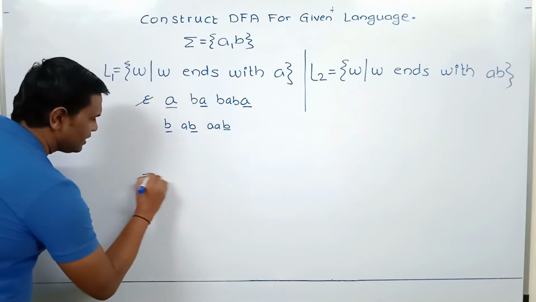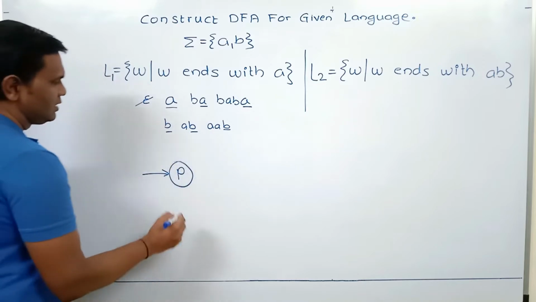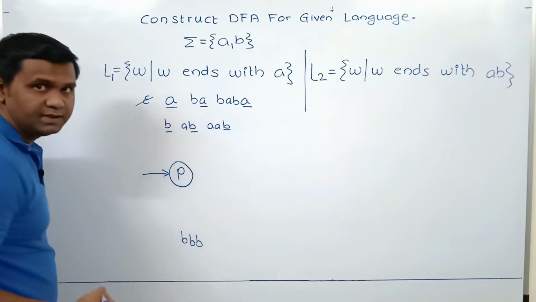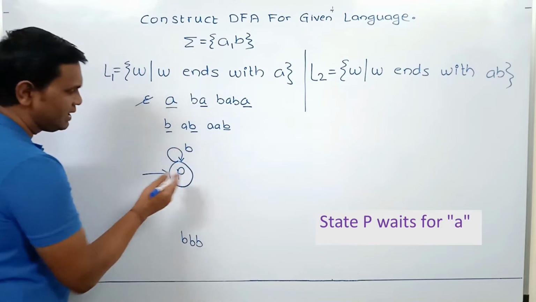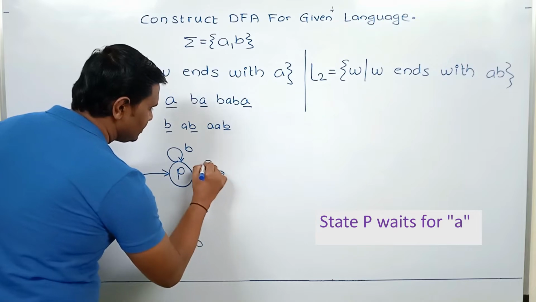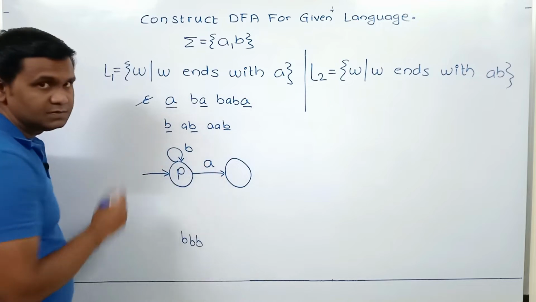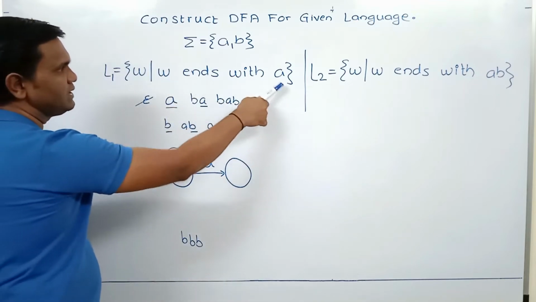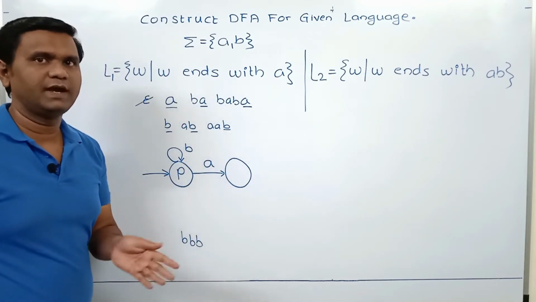So let's start with the initial state P. Now as long as only B's are coming, the string cannot end with A. So as long as B's are coming, we remain in state P. If A comes, the last one symbol is A. Here we have to handle the condition W ends with A. So whenever the last one symbol is A, the DFA should be in a final state.